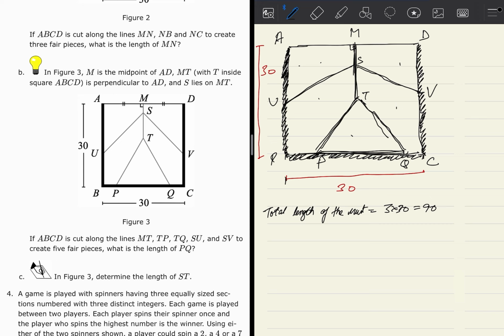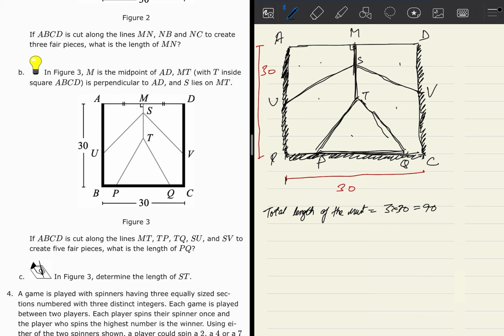Since we are being told that each of the 5 pieces is a fair piece, each of them will have an equal amount of the crust. That means this 90 has to be equally divided among all these 5 pieces.